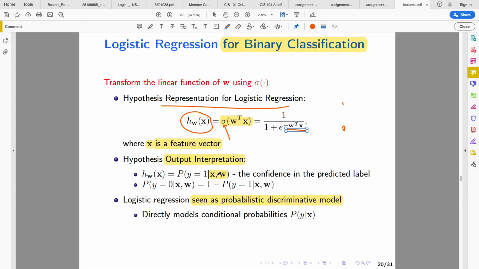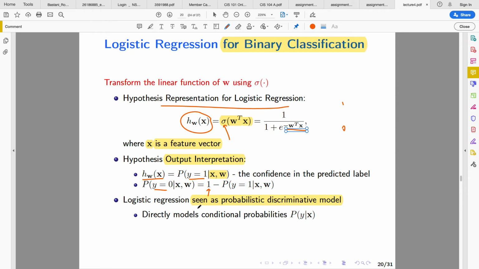So we can now say that the probability that y equals 1 given x and w, which are the inputs to the sigmoid function, is h_w of x. To get the probability that y equals 0, we just say 1 minus whatever we have gotten for y equals 1.